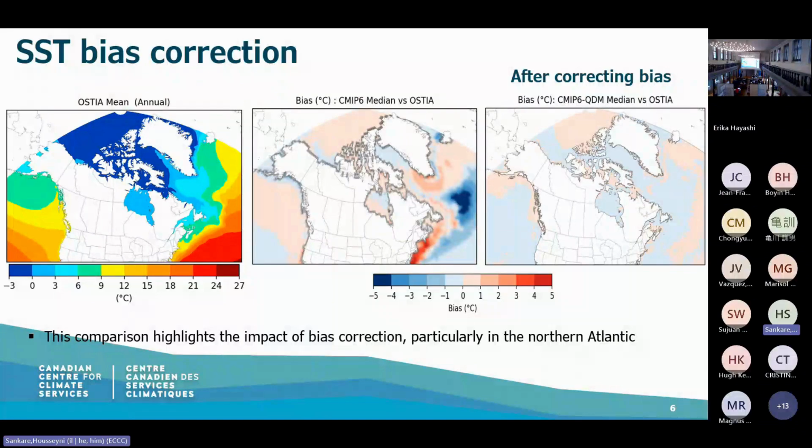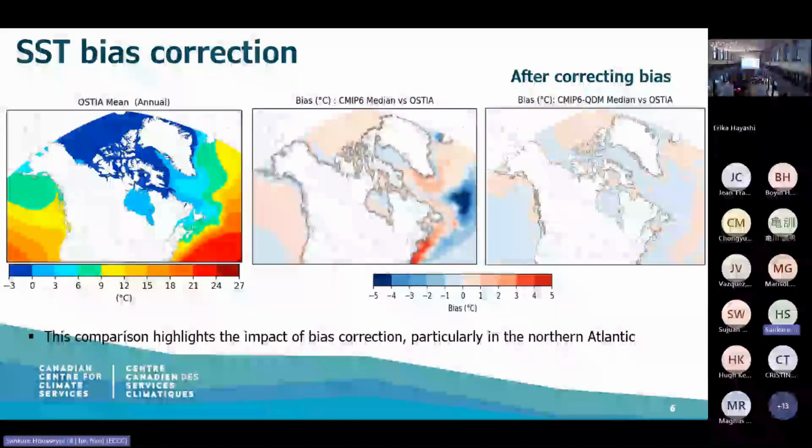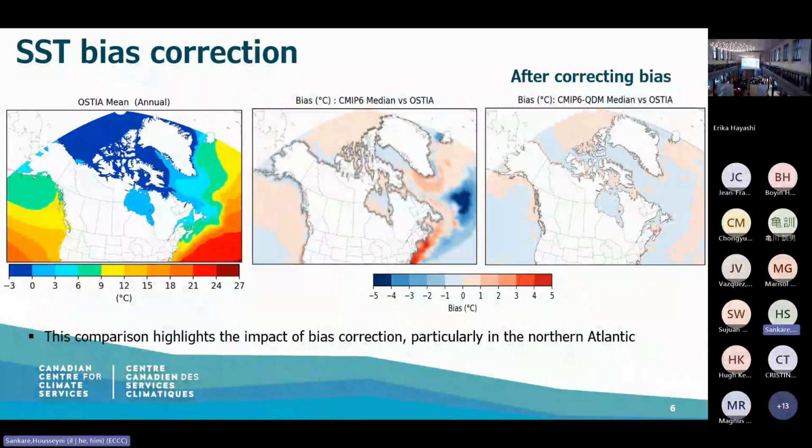This map presents three panels comparing SST from the OSIA data and the CMIP6 output. The left panel shows the annual mean SST from the OSIA data, which provides a higher resolution observational reference.